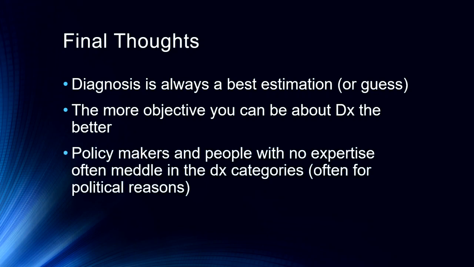But finally, policymakers and people with no expertise often meddle in diagnostic categories, and often for political reasons. And so when we start thinking about diagnosis, you have to be really mindful of where the diagnostic categories come from and what the politics behind those might be. So keep that in mind. All right, with that in mind, in our next lecture, we're going to get into some discussion of treatment options.